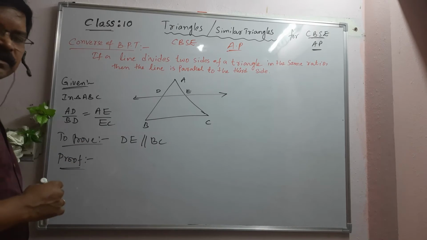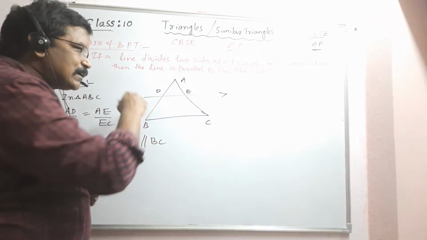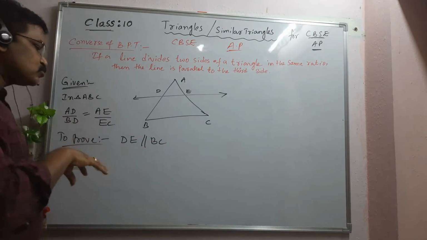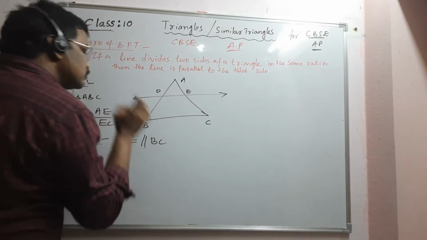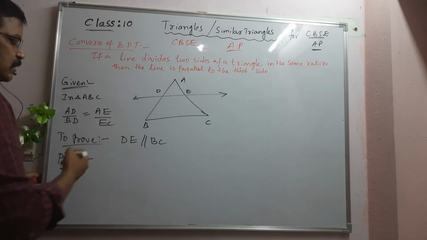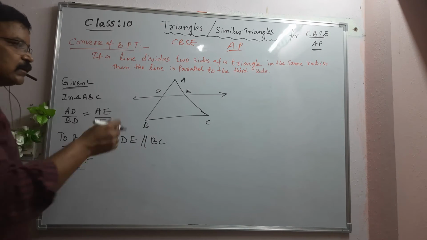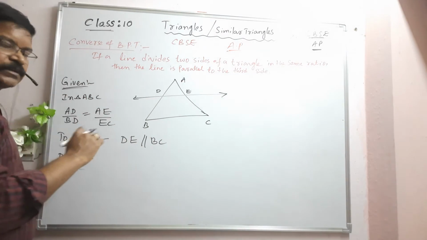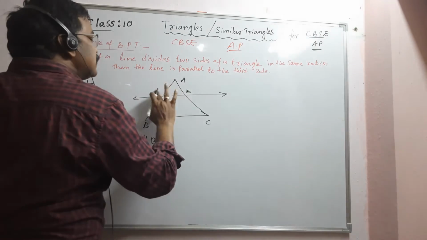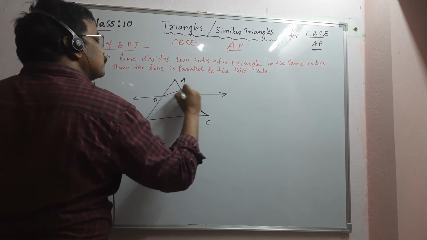Right. Understand? In the given, AD by BD is AE by EC. That means that line divides the other two sides in the same ratio. Then we have to prove that this line is parallel to the third side, that is BC. Okay, proof. Here I will assume that this line is not parallel to BC. That means there is another line which is parallel to BC.